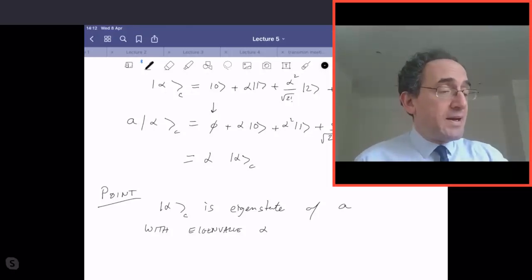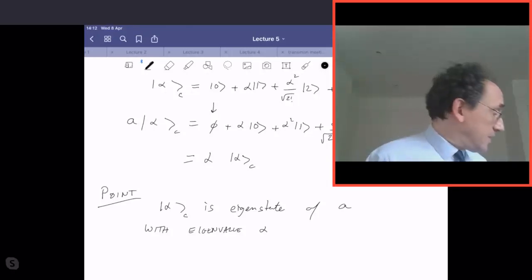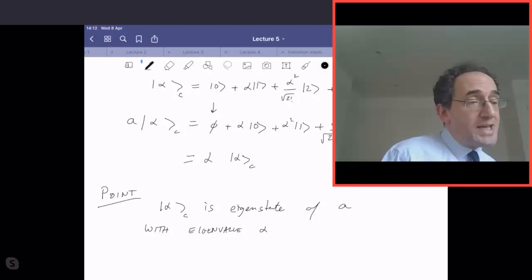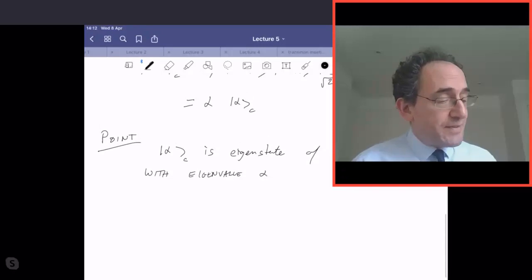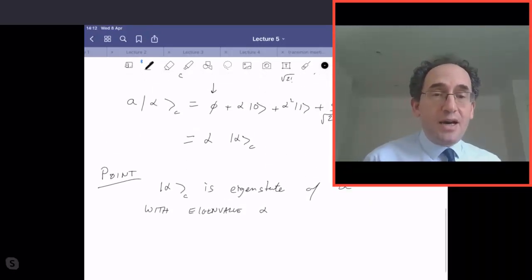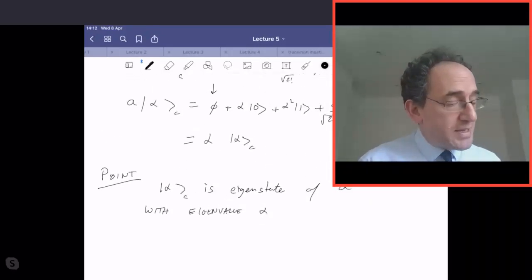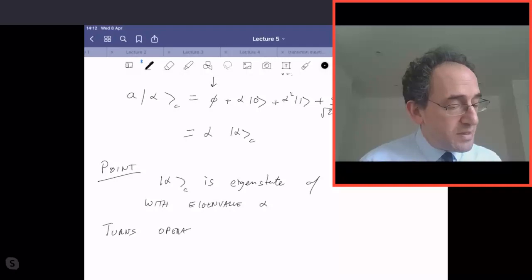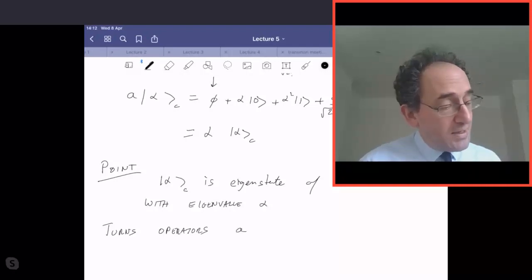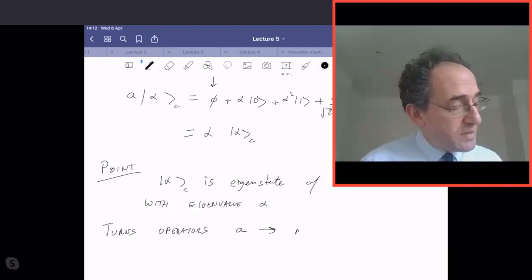Okay, now why is that nice? The reason that's nice is because effectively, for many calculations, this allows you to turn operators A into numbers alpha.